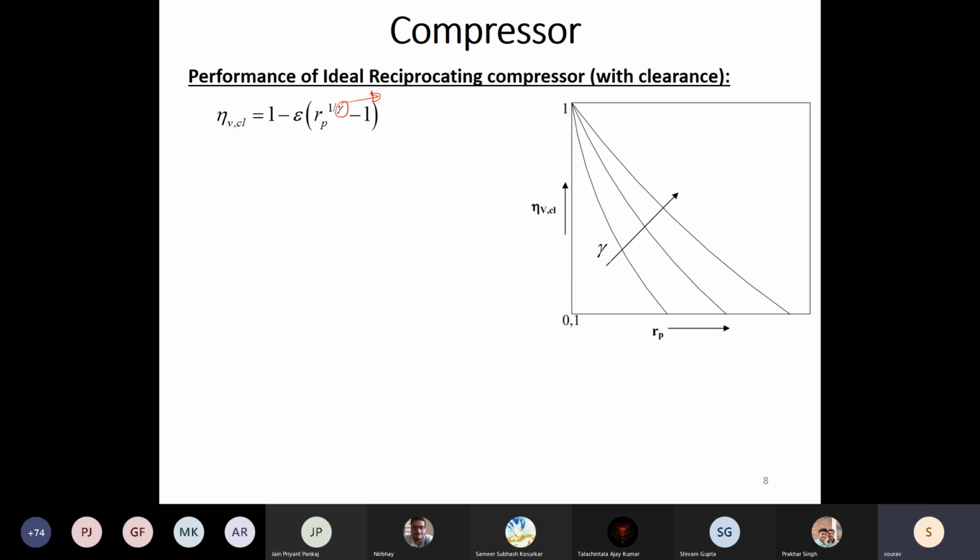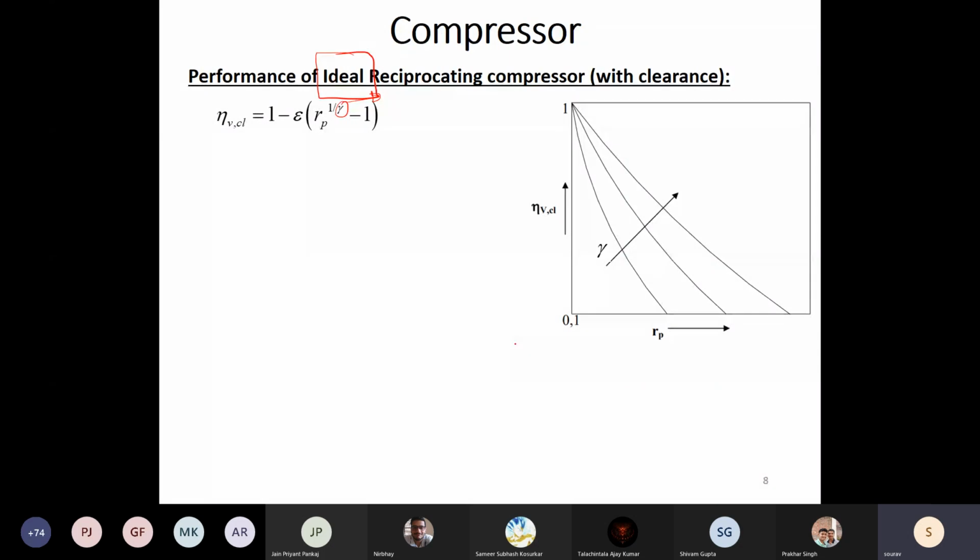That means the gas properties are changing and hence the gamma will also change. So I can make use of this expression to draw very simplistic plots. Of course, please remember that there is still one assumption, that is an ideal reciprocating compressor. But we can make some qualitative deductions from here.